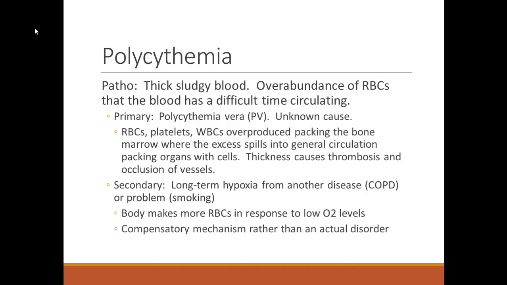So it's telling me that my oxygen level's low, we're going to produce more red blood cells, but it doesn't tell us, oh no, there's too many now, we need to stop. It's basically compensation, but not actually an actual disorder. Where polycythemia vera is an actual disorder, secondary polycythemia is because of the body's compensating.